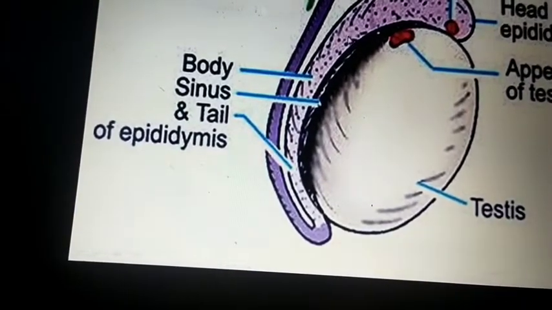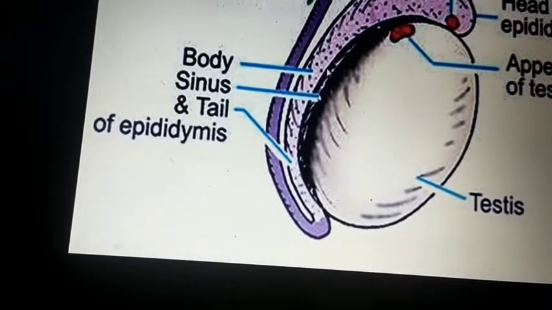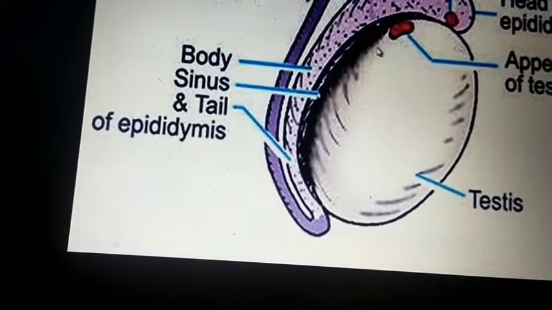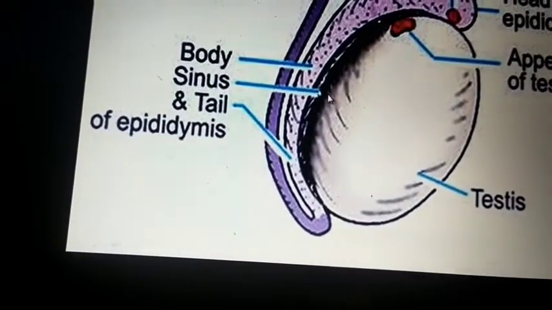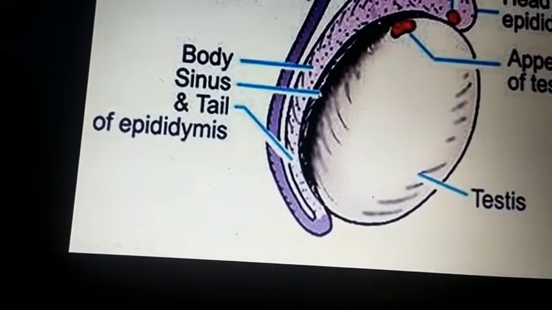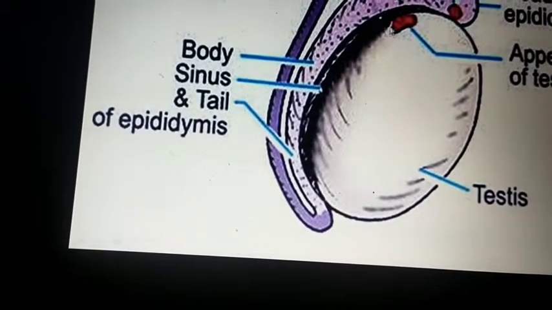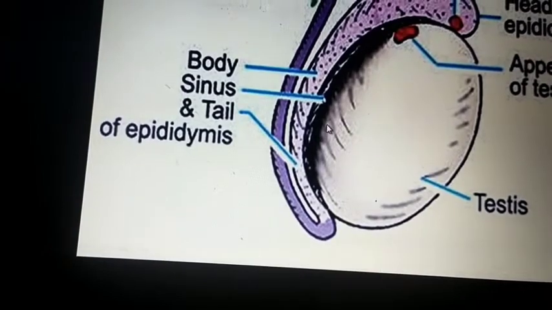In between the body of the epididymis and the testis, there is a groove. That groove, or sinus, is a blind track. That groove is called the sinus of the epididymis, and it is always present at the lateral surface of the testis.